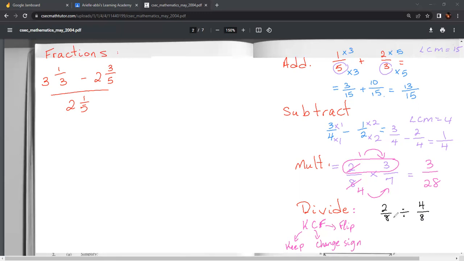So we're going to keep the first fraction as is, change my division sign to multiply, and flip the fraction after the division sign. So it becomes 8/4. And then we go back to the step of multiplying.